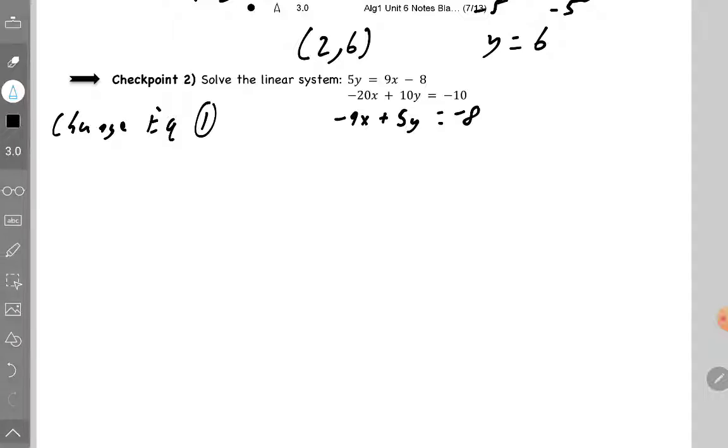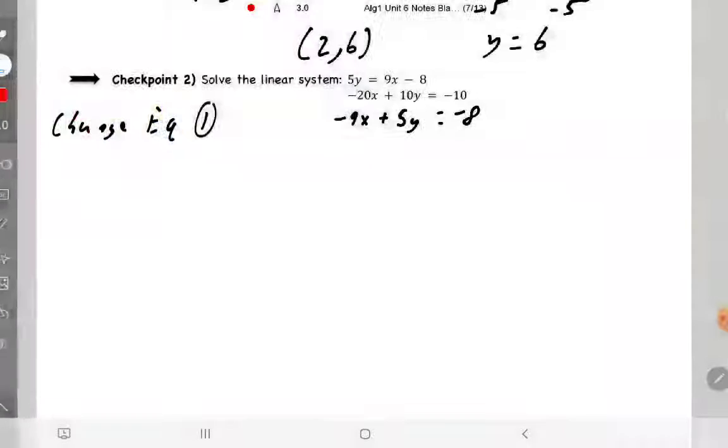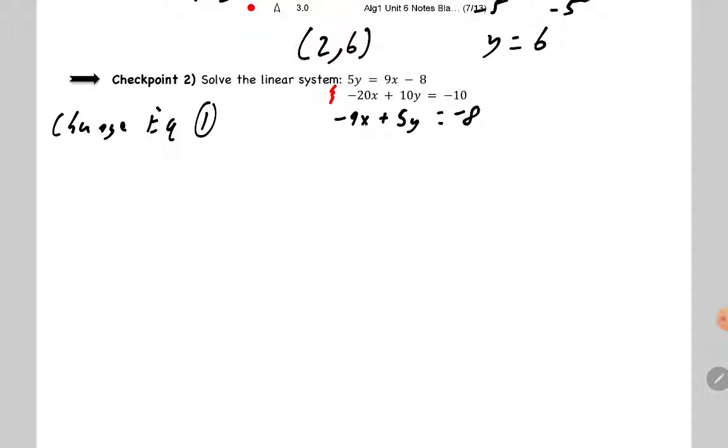Okay, so we have our two equations now. Let's multiply the top one, the red one, by nothing. And I'll show you why.